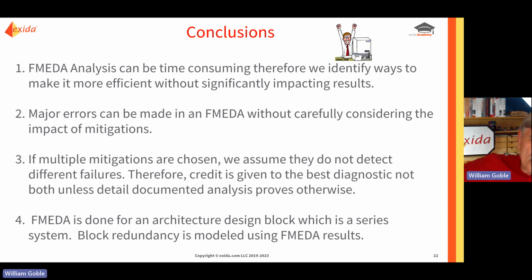If multiple mitigations are chosen, we generally assume immediately that they do not detect different failures, and therefore credit is given only to the best of multiple mitigations. In most cases, it's rare that a multiple mitigation will give you any benefit over a single. Pick the mitigation that gives you the best diagnostic coverage.